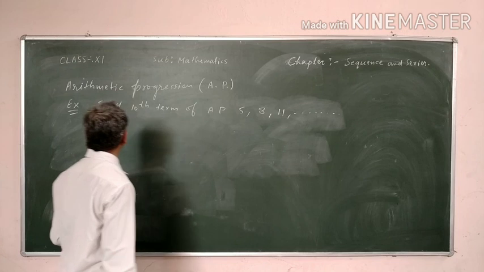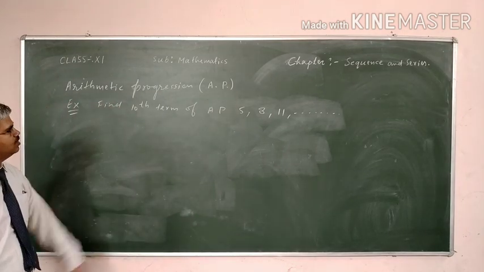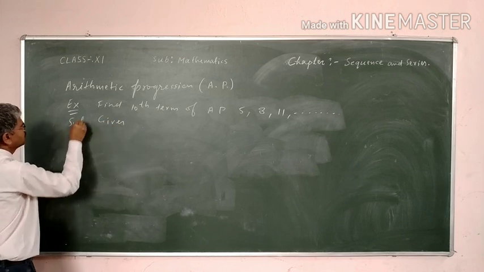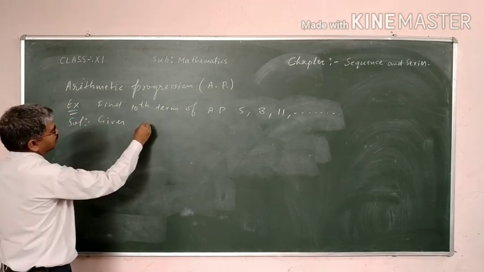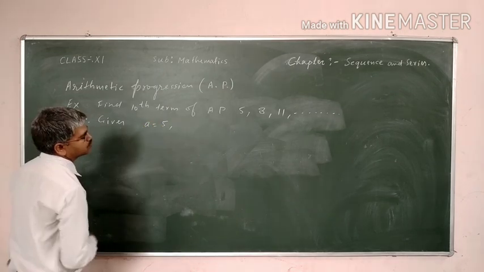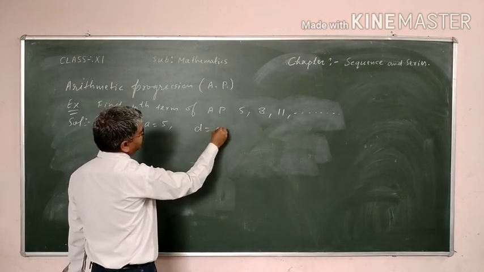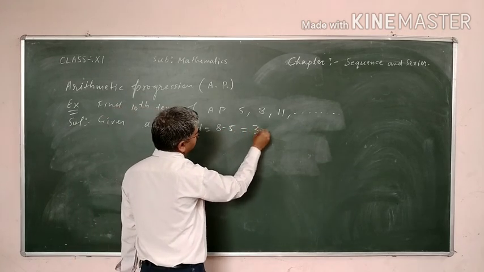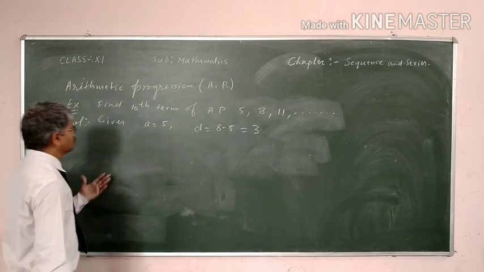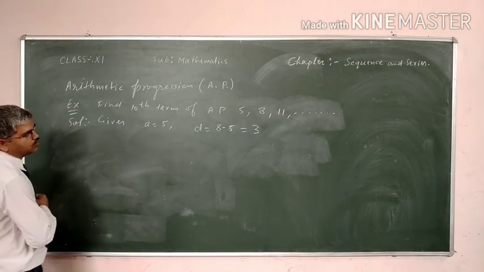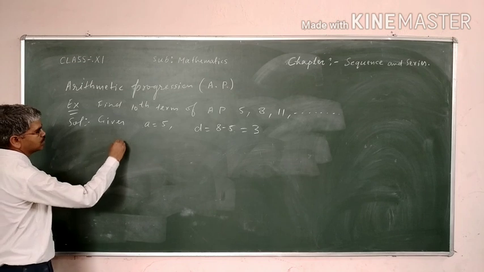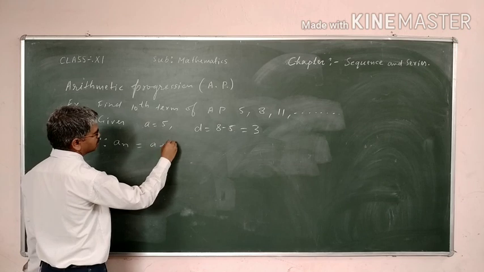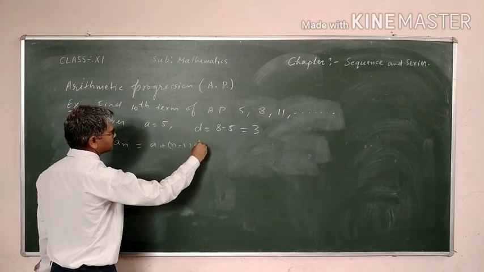From the question given, A is equal to 5 and D is equal to 8 minus 5. So we know the formula for the general term: An is equal to A plus n minus 1 into D.